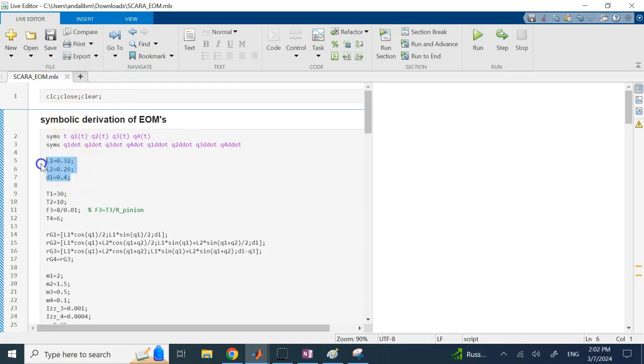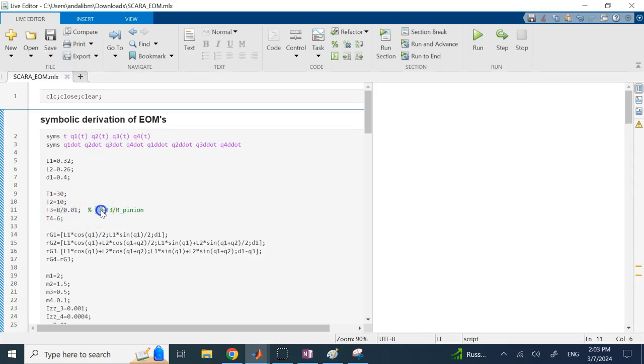Here, the parameters, the geometry are defined, the inputs are defined, and one thing I want to explain is the force that I got for member 3, assuming that the force is coming from a motor and the motor is moving a rack and pinion to move the member up and down. Here, this T3 is the torque of that motor, divided by what? The radius of that pinion that is driving the rack.